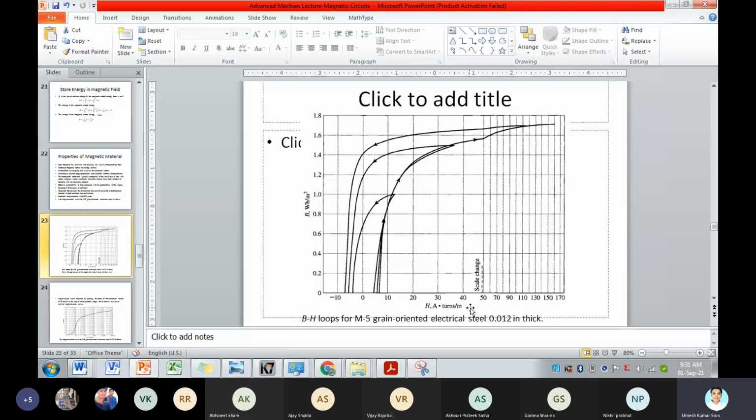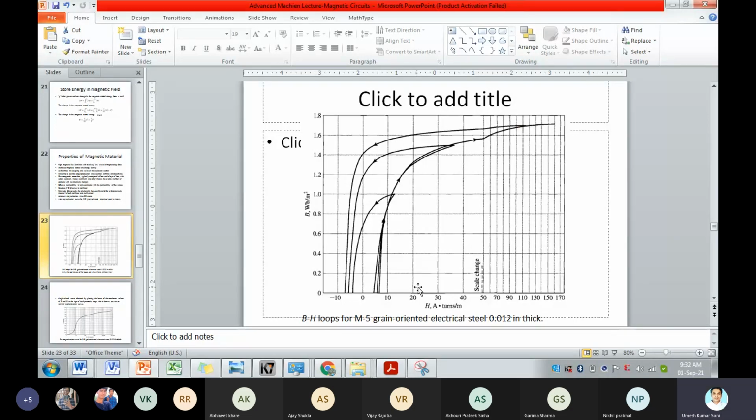Okay, then we reduce the current or ampere turns, and turns are fixed, so we reduce the ampere. We see that the path does not follow in the same manner as we had increased. The path is somehow different. So during the reduction of the current, there will be a saturation region and it will start to decrease.